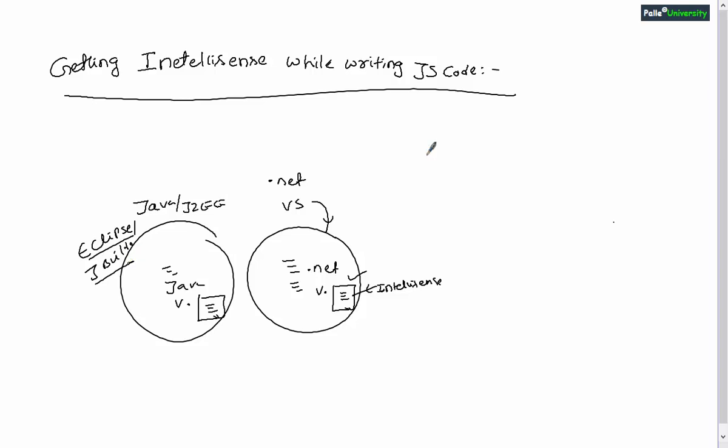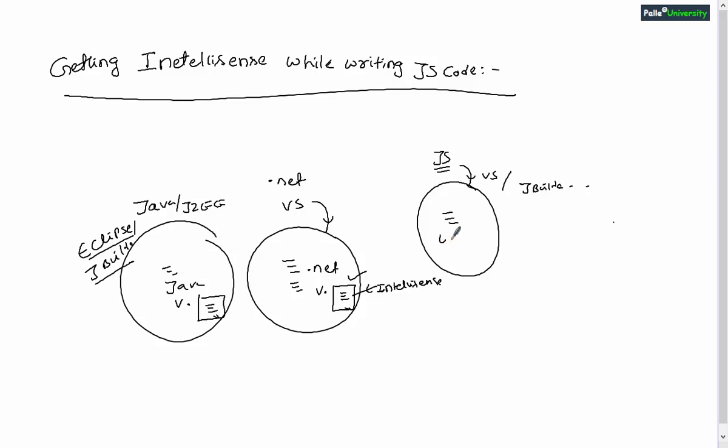Similarly, when it comes to JavaScript, when you are writing JavaScript code, maybe using the Visual Studio editor or JBuilder or some other editors, in many cases I observed that you will not be getting IntelliSense support. In some cases you will get IntelliSense support while writing JavaScript code, in some cases you will not.